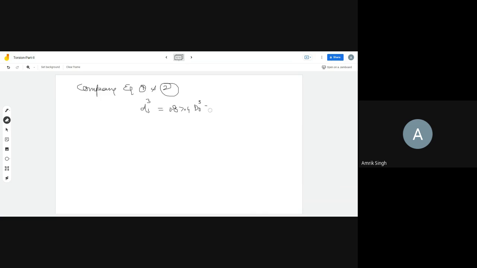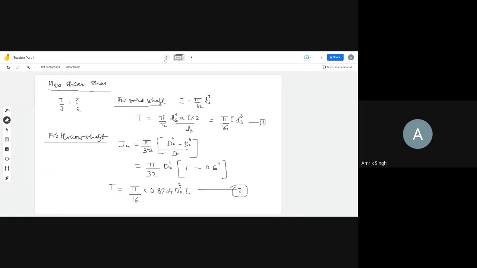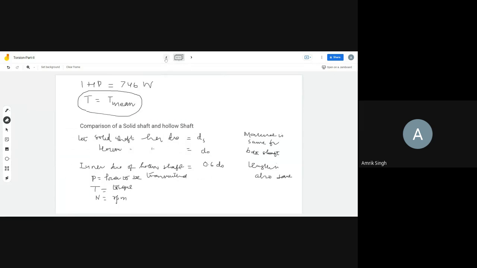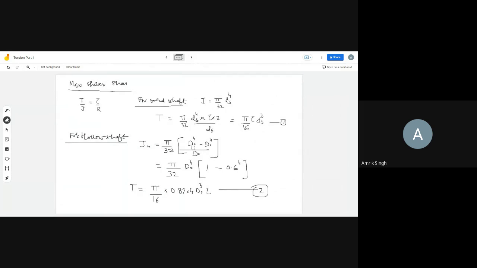This which we have taken as DO, you can put here DO small, otherwise you will get confused. So it is DO.